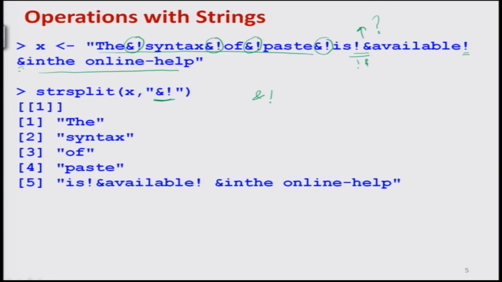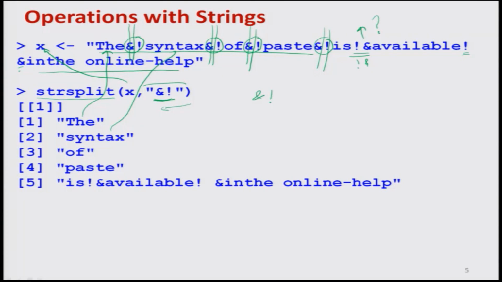When I use the command strsplit of this vector x using a separator like this one, then ideally what do you expect? The split should happen here, here, here and here. And this is the outcome that you see. The first is the, which is coming from here.